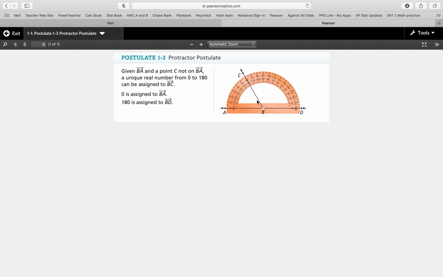So looking at this, angle ABC is 60 degrees, going from 0 up to 60. Whereas angle CBD is 120 degrees because it's starting at 0 and goes all the way around to 120. Okay, it's a protractor postulate.